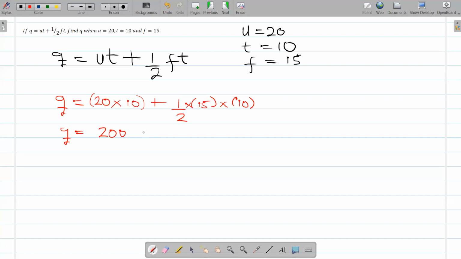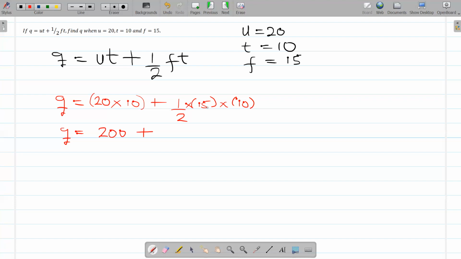Good. Then plus, now let's look at this. 15 times 10, what do we get? 150. Okay, good. So another way we can do this is to use the 2 to cancel out one of these numbers. So can 2 go into 15 without a remainder?